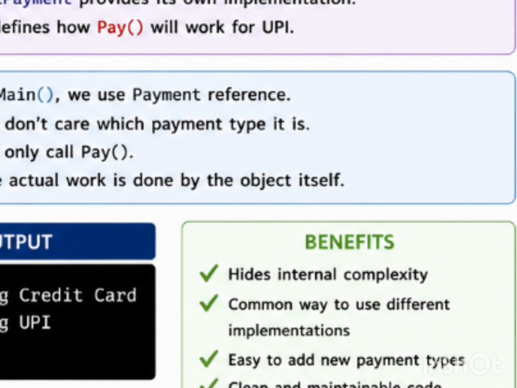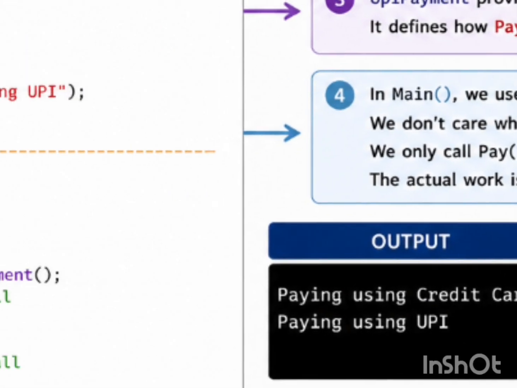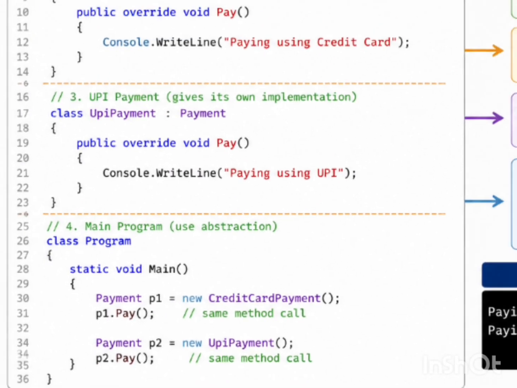Common way means you are creating the same pay method, but the implementation will be different. And it is easy to add new payment types. I already explained that when new payment types come, you can easily add them and not disturb the existing code. And the last one is clean and maintainable code, as I already said. You can see this code looks very clean and maintainable.